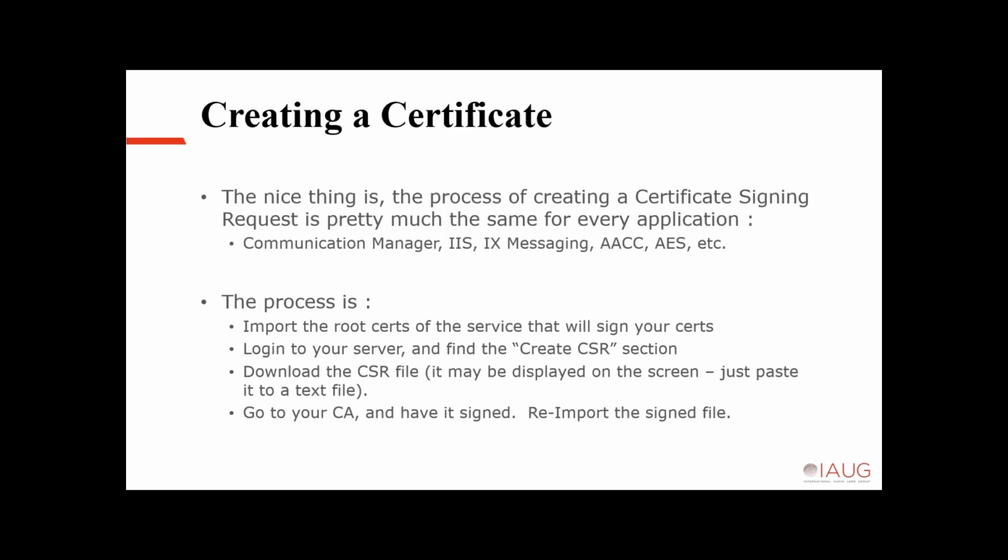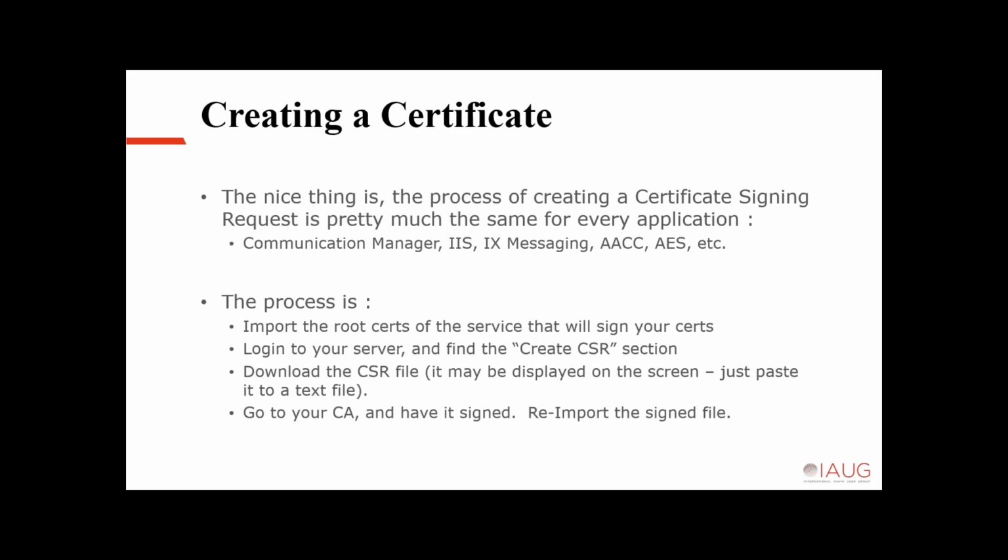You log into the server and you find the Create CSR section. In Communication Manager, this is in the SMI; for AACC, there's an actual application for it. Every application does it slightly differently, but the process is generally the same. You should be able to look up the basic documentation for whatever product you're dealing with, and look up CSR, and they should have step-by-step directions of how to get to it.